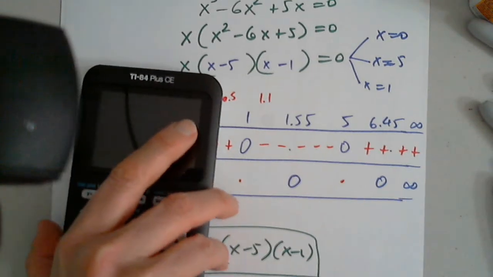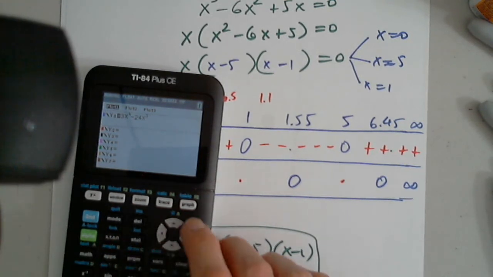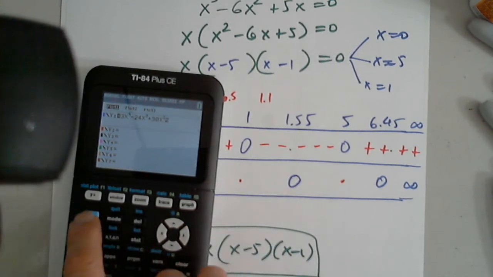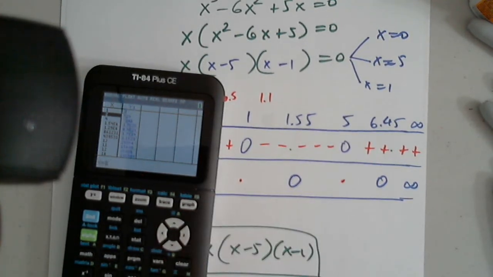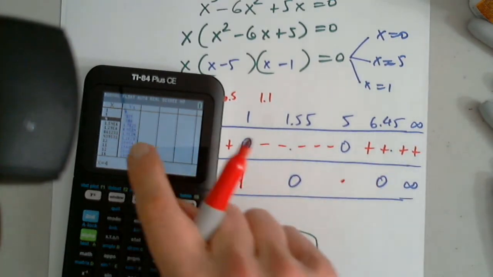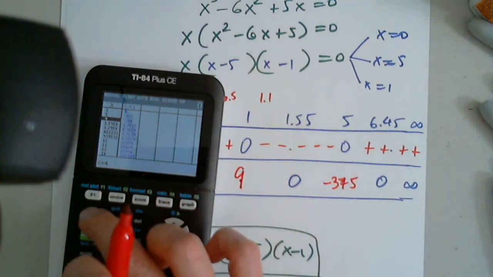Now I need to determine this y value and this y value. So I will plug in the function, y equals 3x to the 4th minus 24x to the 3rd plus 30x squared, in the table, and I want 1 and 5. 1, enter, 5, enter. So for 1, I found 9, and for 5, negative 375.